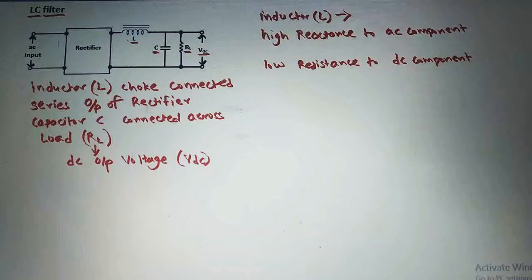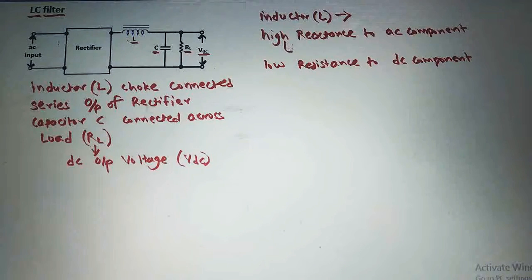So the inductor which is connected in series with the rectifier offers high reactance to the AC component and low resistance to the DC component. That means it will oppose the AC component in a large amount, but it will not oppose the DC component. That's why it has a low resistance to DC component and high reactance to AC component.